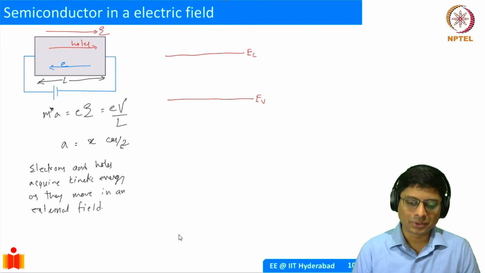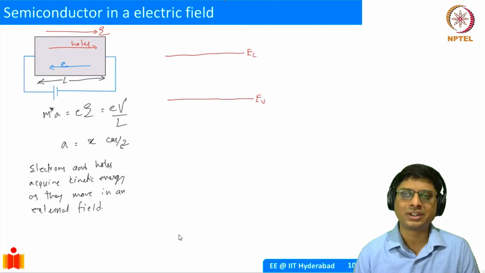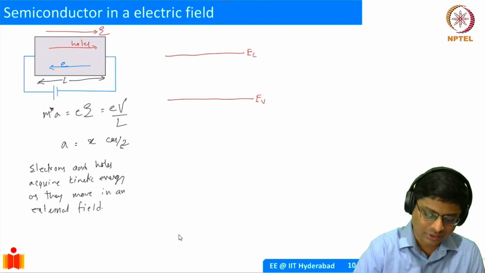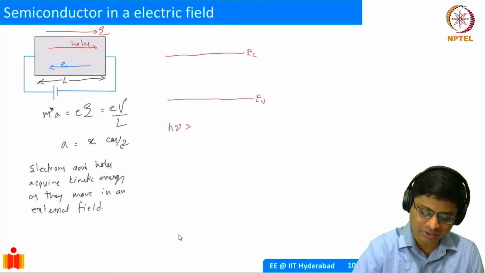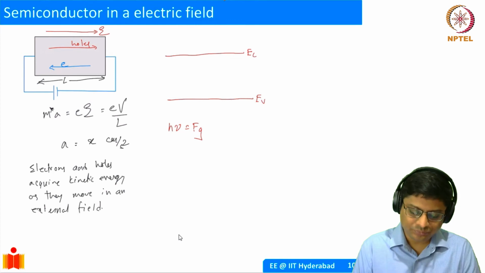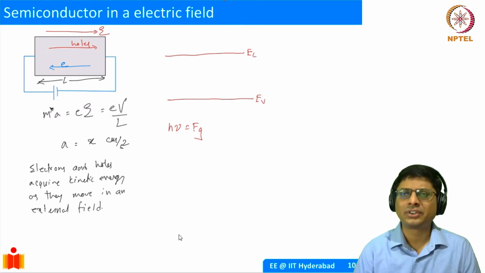To understand that, let's take a step back and think about what happens when you shine a photon on a semiconductor with some band gap. Let's say I shine a photon of h nu equal to Eg. So what happens? Well, you had a lattice where electrons are essentially bonded.